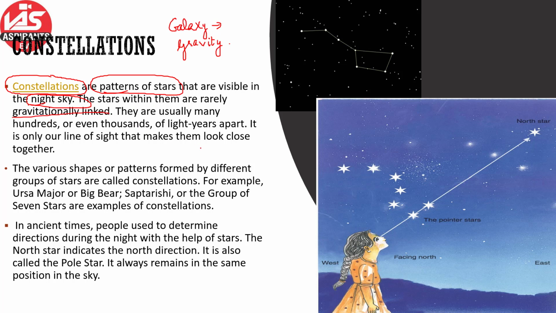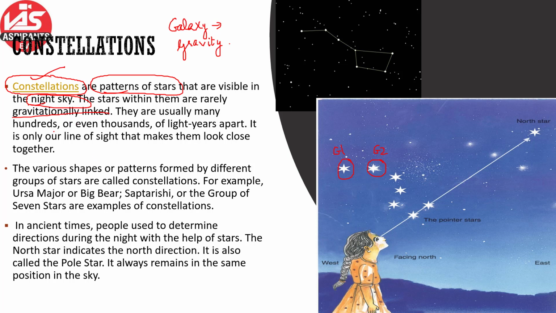That means it may be the case that one star lies in one galaxy and another one lies in another galaxy. So it may be in galaxy 1, it may be in galaxy 2. But we, as an observer on the surface of Earth, make a pattern out of these stars because they are visible to us, and this pattern that we make is known as the constellation.